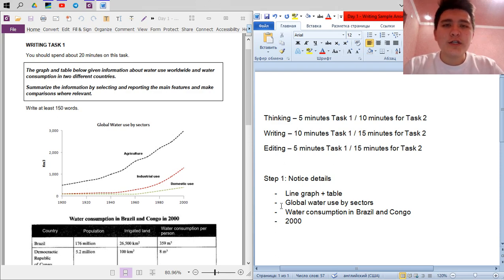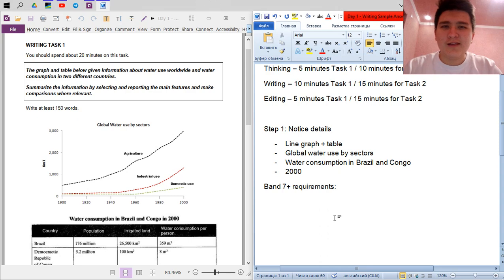While we're on the subject of overviews and key features, let me tell you what key features are according to the band descriptors. There are three things that are required of you to score band 7 plus.